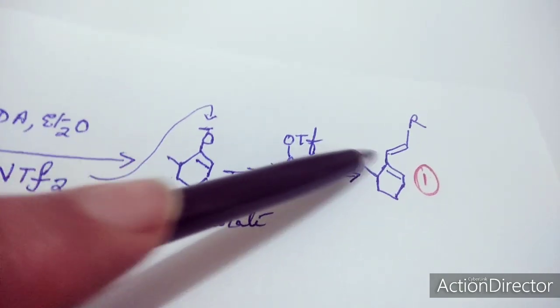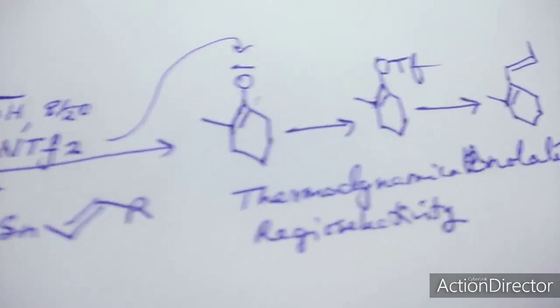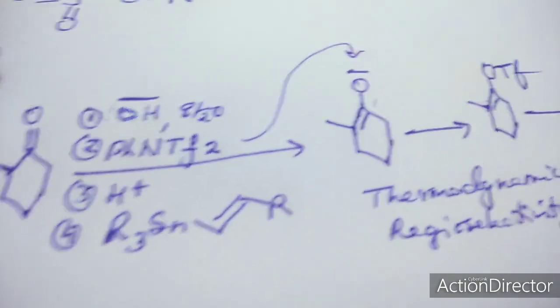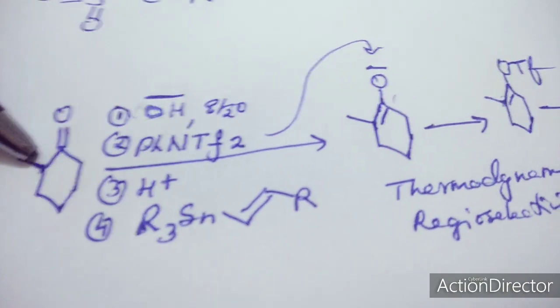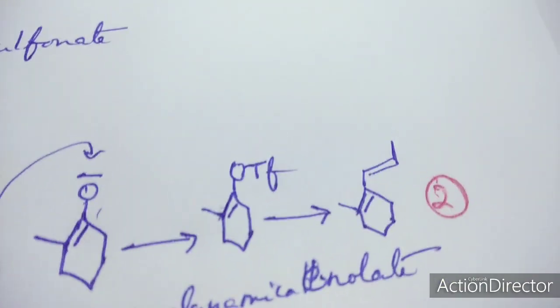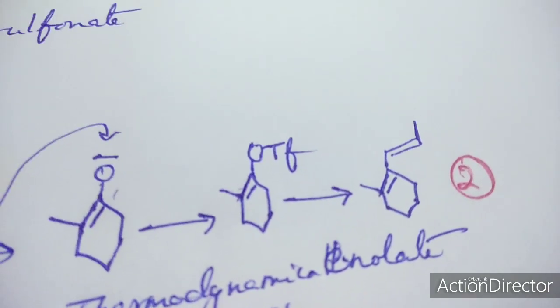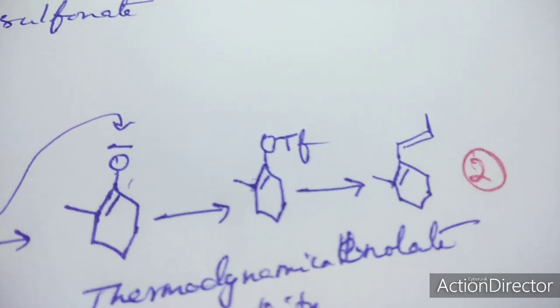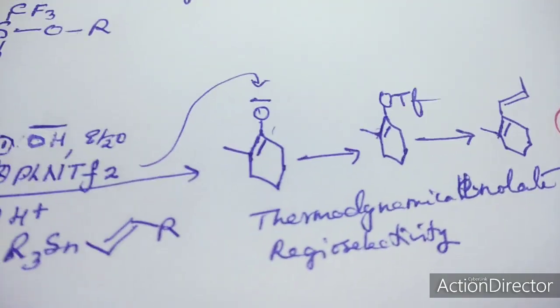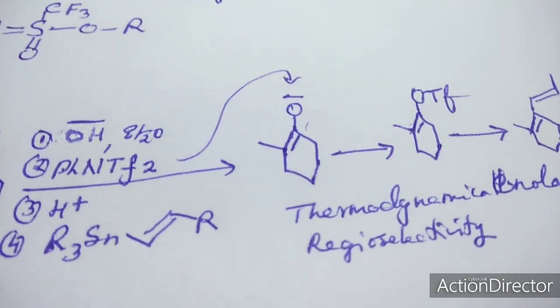Here, the double bond was introduced in the other case, without LDA, when a weak base was used, then we got a thermodynamically stable enolate, which led to this type of a product. So this is all for today. The Stille reaction, we did a very important reaction by way of carbon-carbon bond construction.